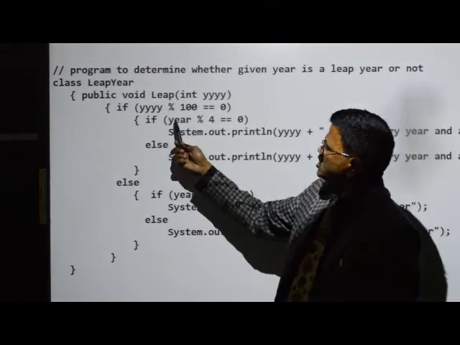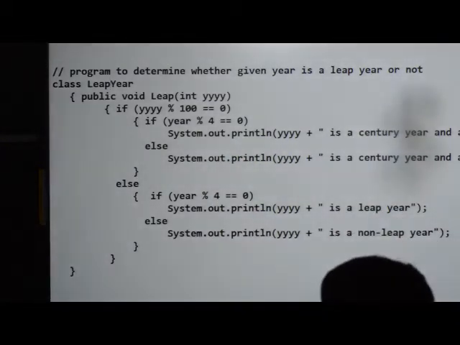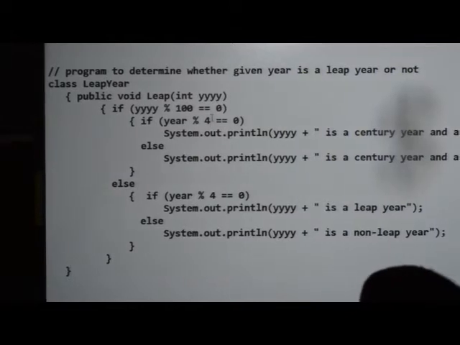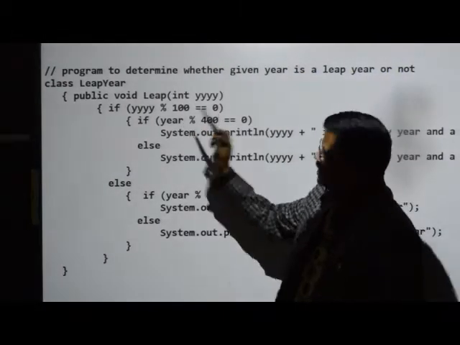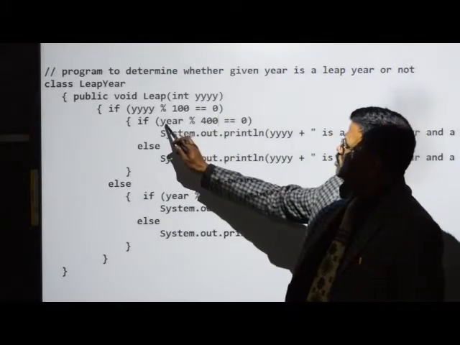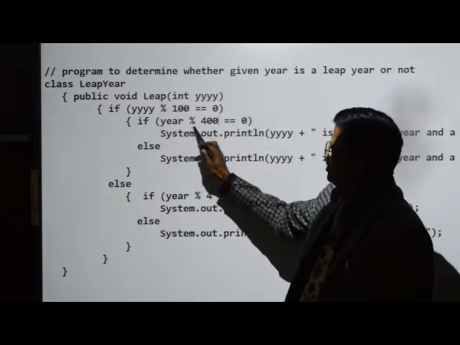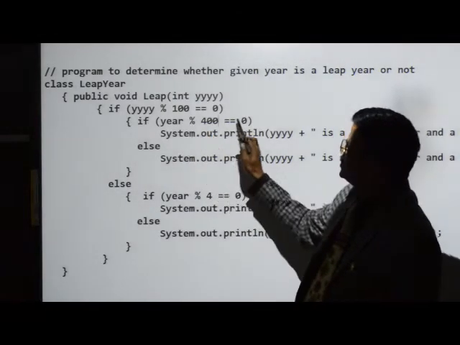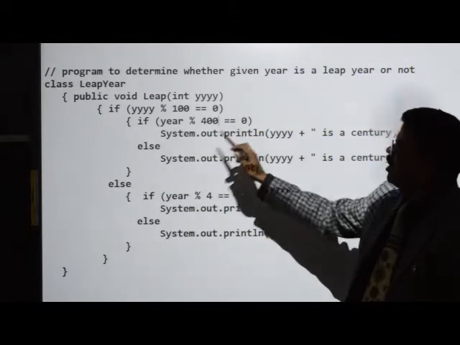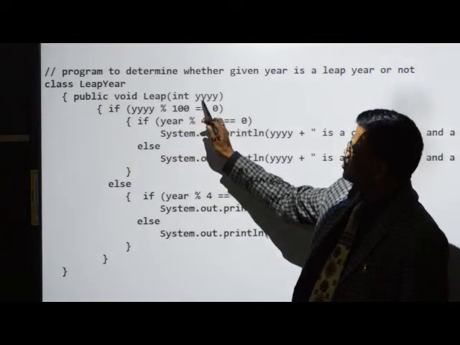Then what happens is, I divide this one by 400. Not 40, this is 400. 2000 divided by 400 means the remainder, this modulus symbol will give you the remainder, which will be 0. 0 and 0 are the same. I repeat again, the example you are given is 2000.